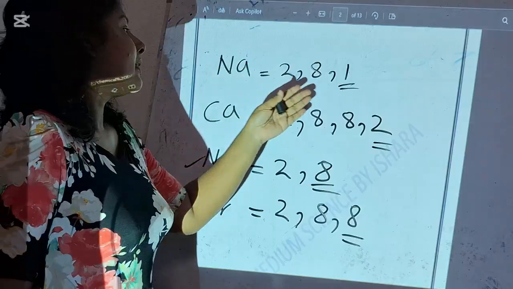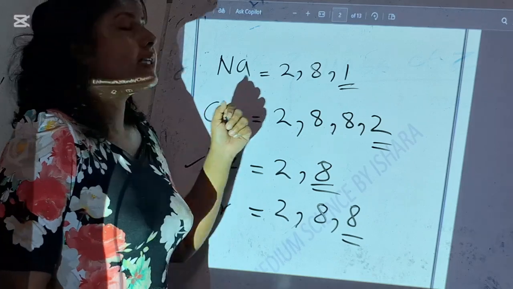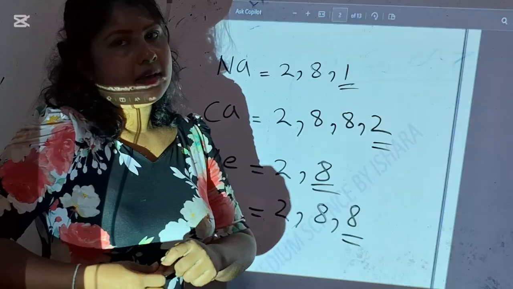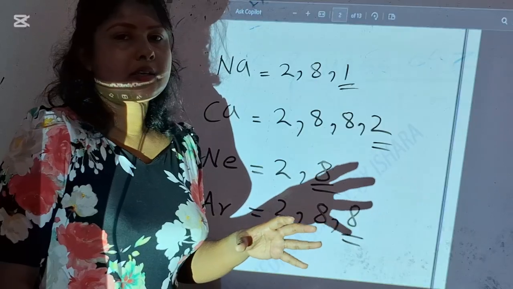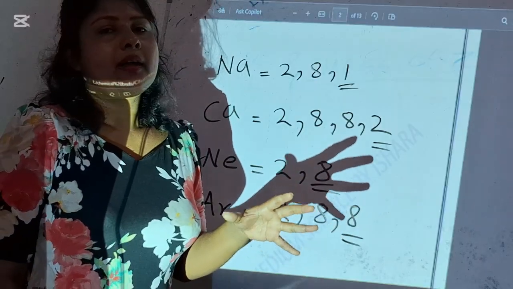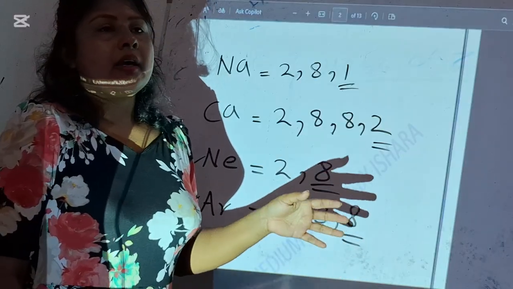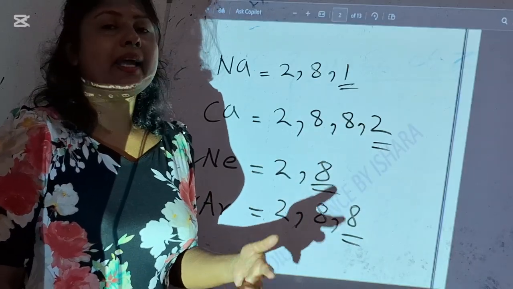But look at the last shell: sodium 1, calcium only 2. For the first shell only, we can fill 2 electrons in each and every atom. But after the first shell, the other shells should be filled with 8 electrons.